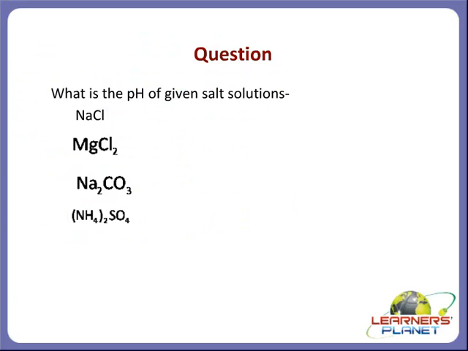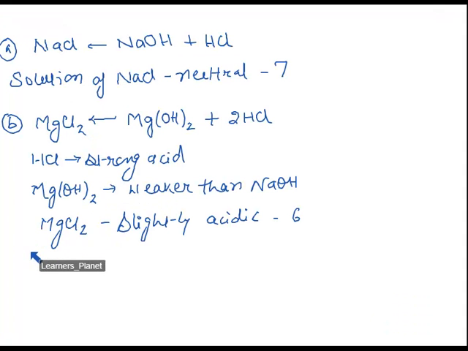Now what is our next solution? Na2CO3. Now what is that Na2CO3 formed of, children? Third one, Na2CO3. From where have you got this Na2CO3? Twice NaOH plus H2CO3. Now here, students, which is the strong one? The base.